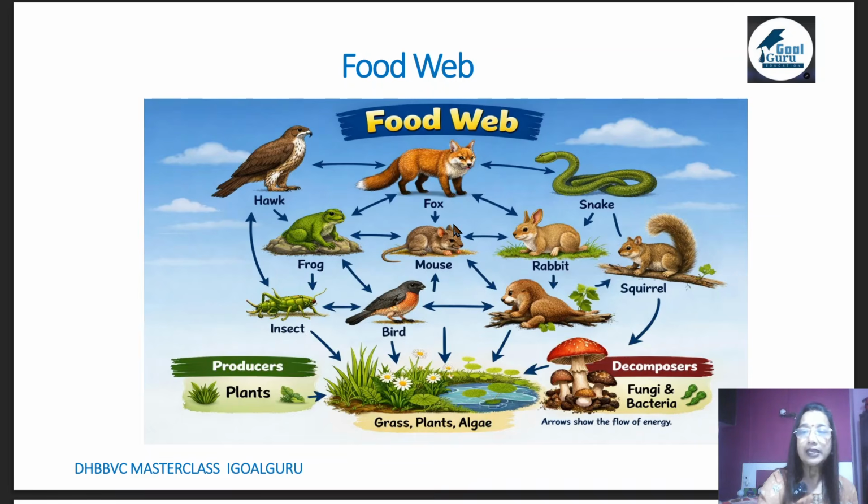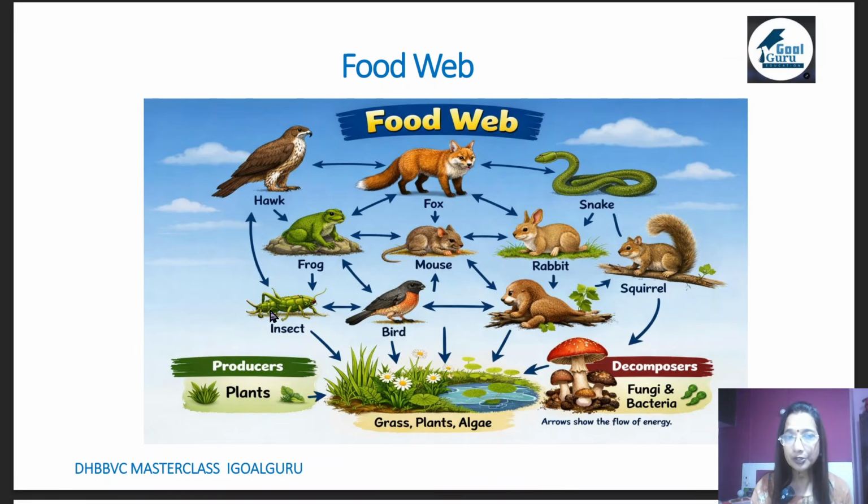Now, if we observe this particular diagram, at the bottom you find the food producers, right? The plants, the grass and the algae. Now, you can see that the insects are feeding on the grass, correct?